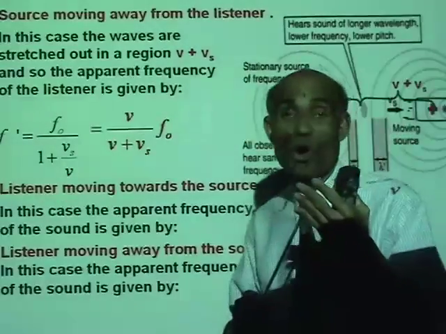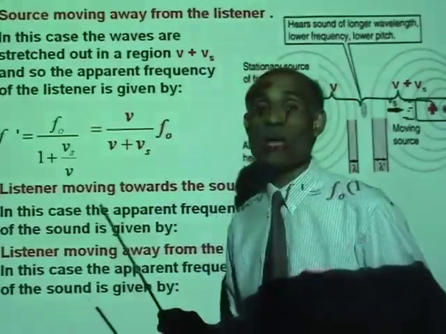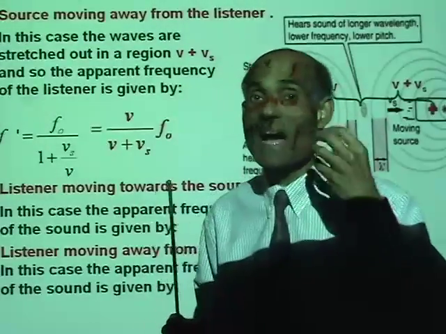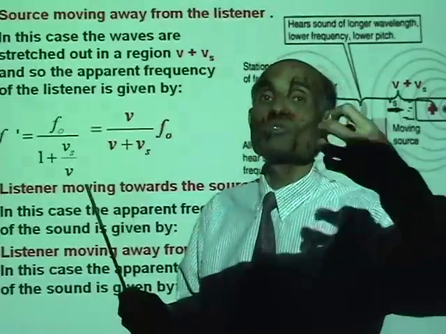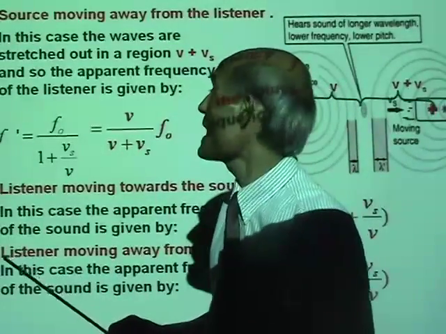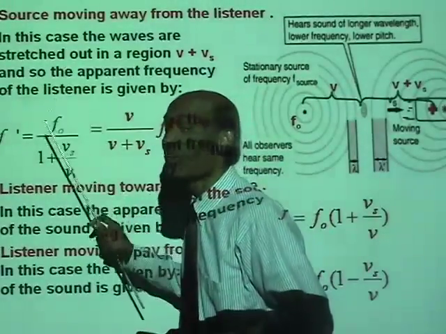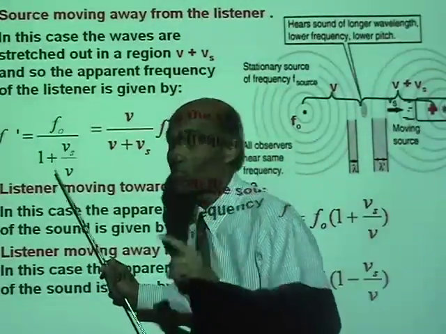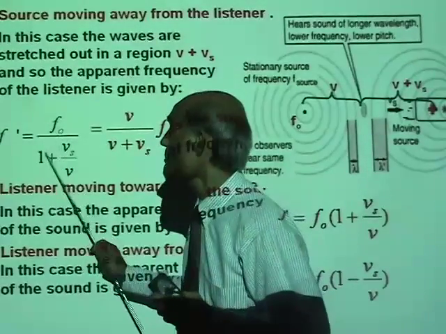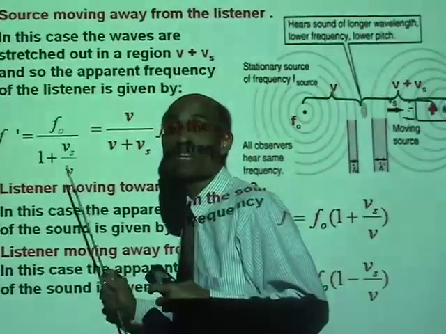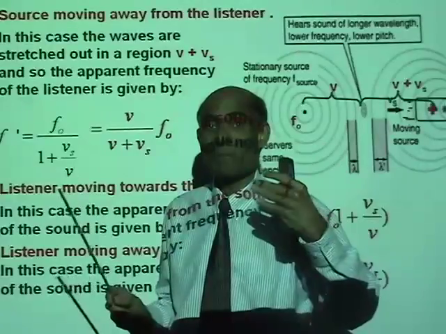We have 4 formulae. What is the first one? The apparent frequency that a listener hears when a source moves towards the listener, and that apparent frequency will be f0 divided by 1 minus, not this one, for that this plus will be minus, 1 minus Vs over V. That will be the apparent frequency as the listener hears it.